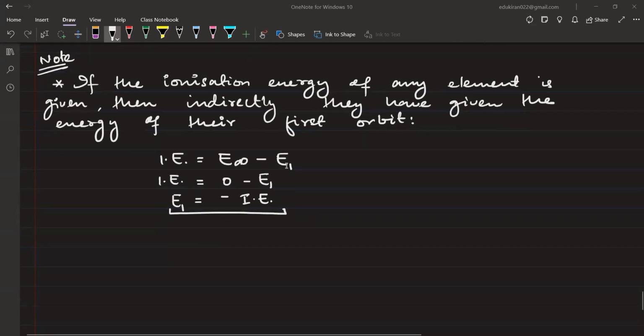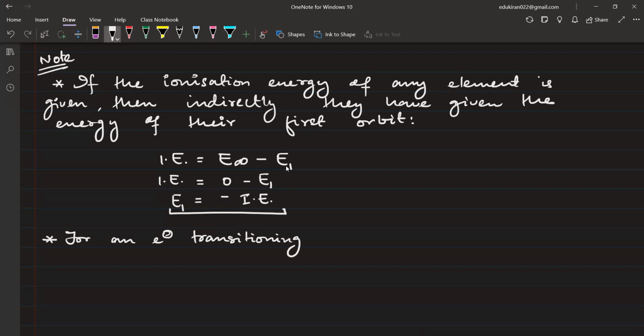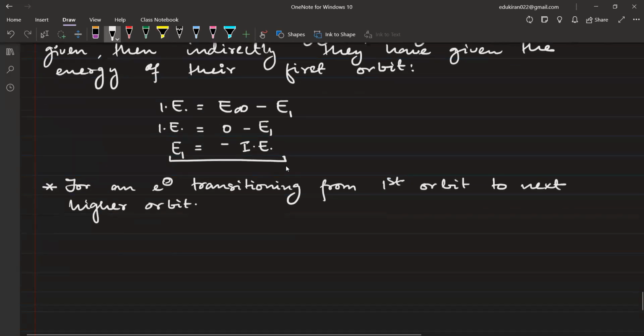ठीक है, नेक्स्ट पॉइंट। अगर आपको यहाँ पे आयनाइजेशन एनर्जी दिया हुआ है तो they have also given you the energy of the first orbit, है ना? अच्छा, for an electron transitioning from first orbit to next higher orbit, तो बताइए इसके लिए क्या हो जाएगा? जो एनर्जी लगेगी यहाँ पे, that will be equal to E2 minus E1, है ना? बिकॉज यहाँ पे आपके पास N1 क्या था?